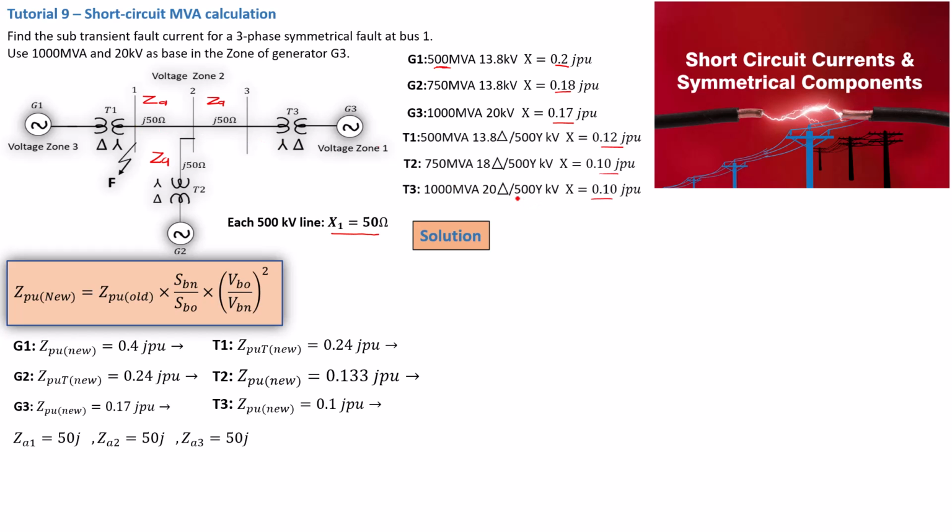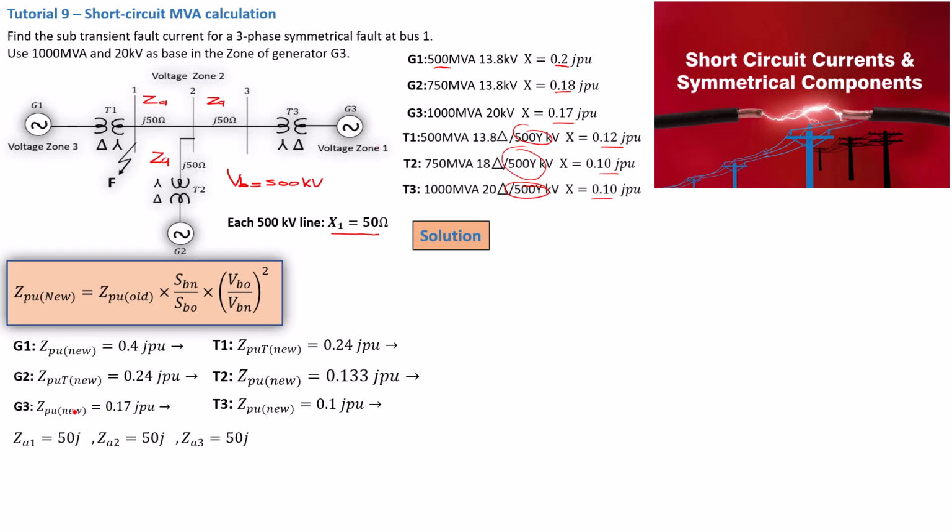To 500 kilovolt, as stated here. So that basically means this entire zone here, we can call it zone 2. This entire zone has the same base voltage. So V base of the zone is actually 500 kilovolt.